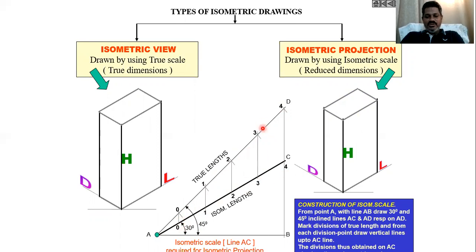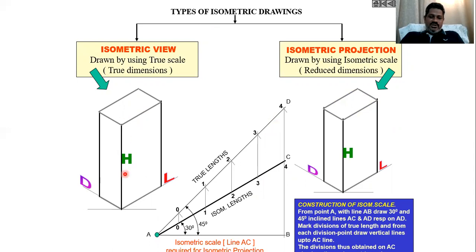These lengths need to be projected to draw the isometric view of the component, then the isometric projection of the component. But here you can see there are types of isometric drawings, which may be isometric view or isometric projection.